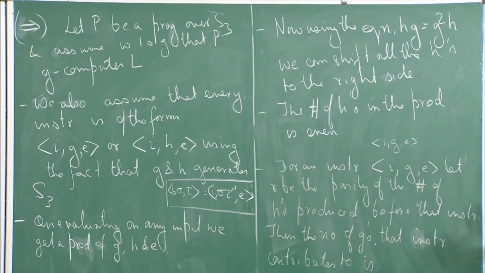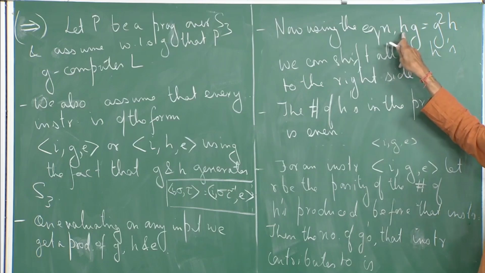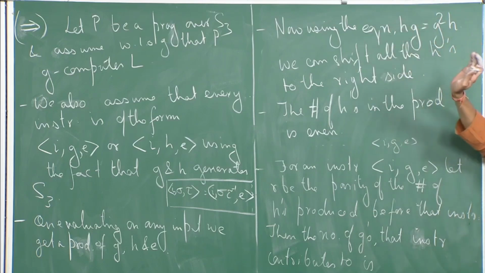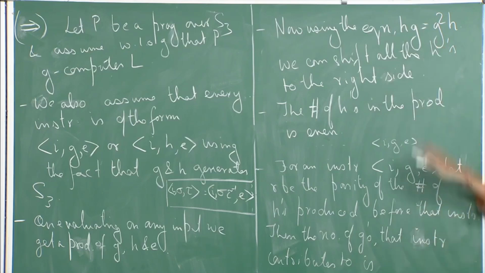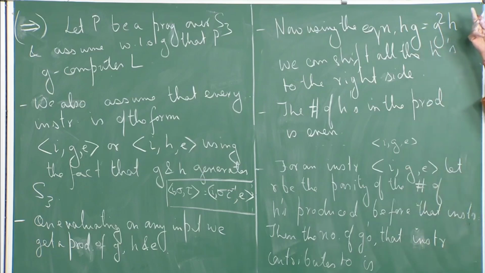Now why does that matter? The reason that matters is because if I have H as even, then H to the power an even number will disappear. So I will only have G over here, and if I have H as odd, then H to the power an odd number is Hg. Then I will have to apply this and shift G to one side and H to the other side, and I will get G square.